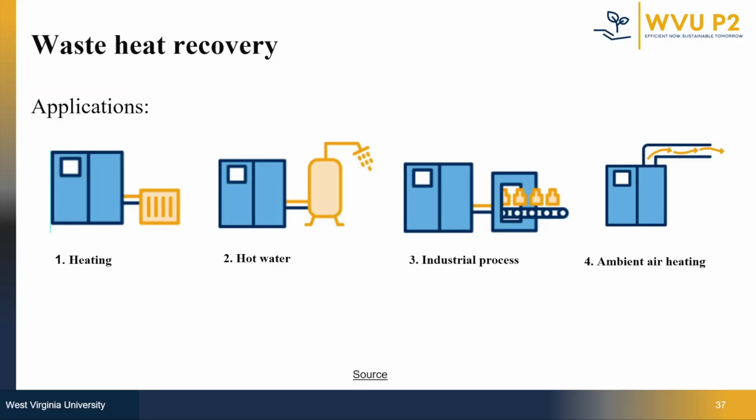Third, it can support industrial processes, things like drying, curing, or preheating material. Instead of using extra fuel or energy, we can tap into recovered heat. And fourth is ambient air heating. That means using the recovered heat to preheat incoming air, which is especially valuable in colder regions.